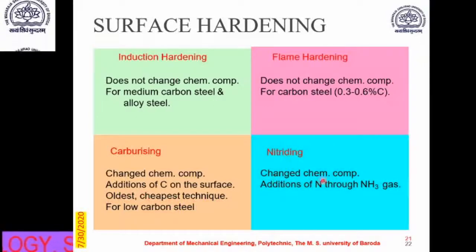Nitriding also changes chemical composition by addition of nitrogen to form nitrides on the surface using ammonia gas. So what is the classification? As we had done, surface hardening processes are classified into two types based on whether the chemical composition of the surface changes or remains the same.